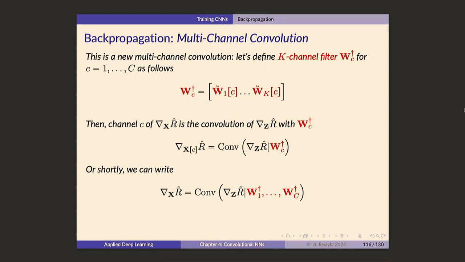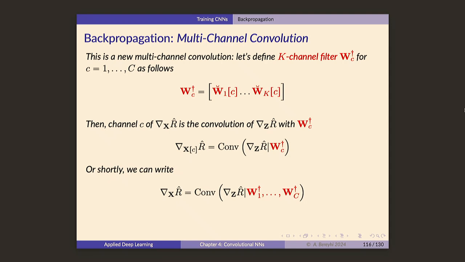What I want to compute at the input is C different channels, right? If I want to go backward with a convolution, how many filters do I need? C different filters, right? Because the input has C different channels. How can I make those filters? Just start with channel 1 in all of these filters and stack them together.